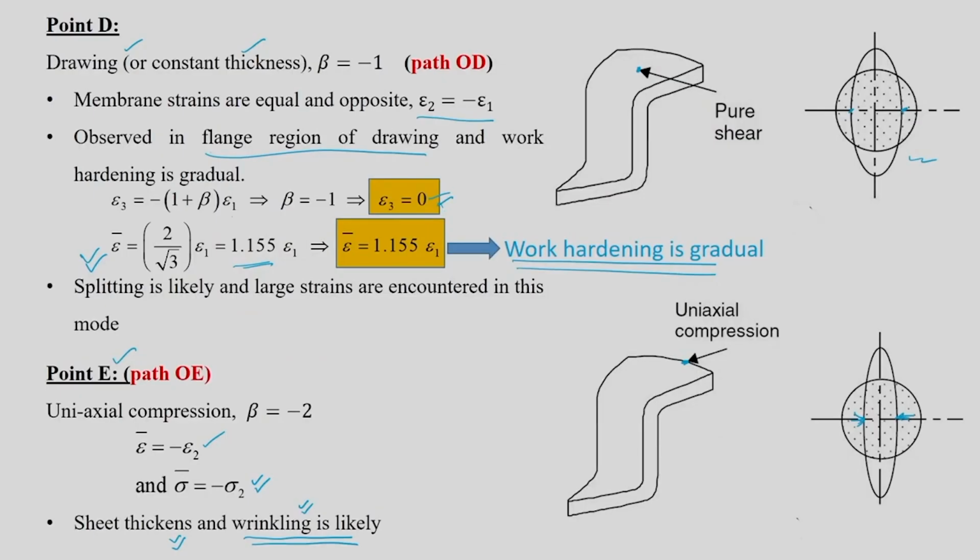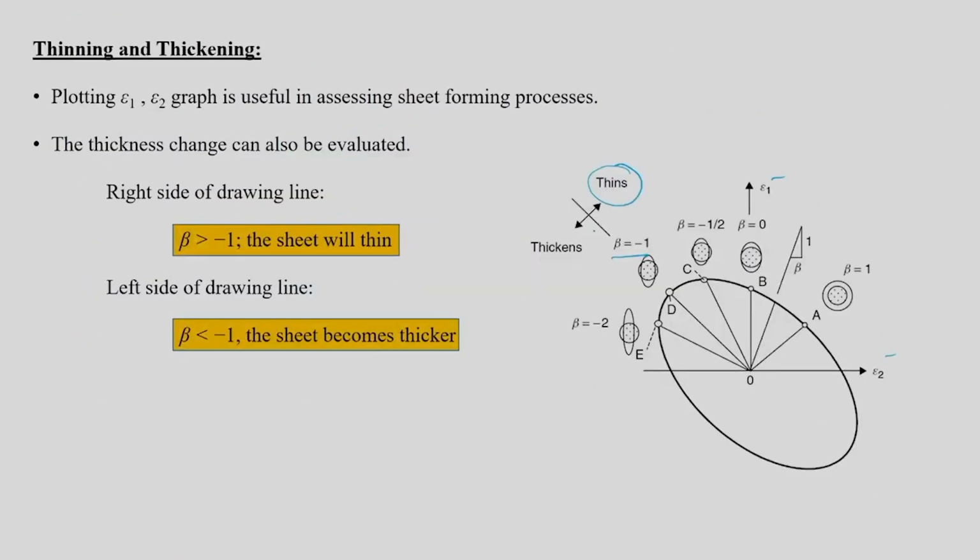That means it's not going to thin, and it's not going to thicken. So no thinning and no thickening. This is a transit region. If you go on the right hand side of this diagram, you will have thinning in all these strain paths. And if you go on the other side, beta less than -1, between -1 and -2, you will see the sheet becomes thicker.